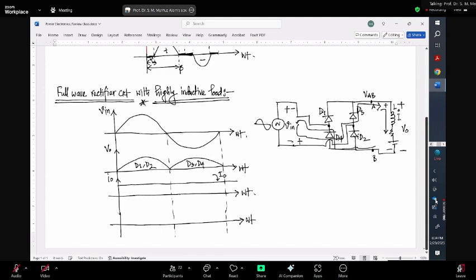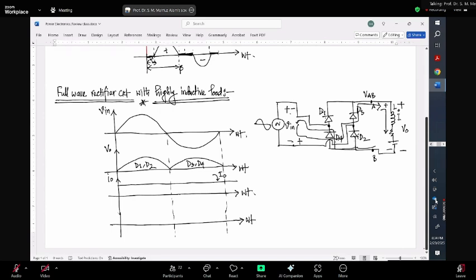Anybody is asking me any question? So in that case, while D1 and D2 is turned on, then current will go through D1 in a certain direction. And while D3 and D4 is operating, the current will change direction.